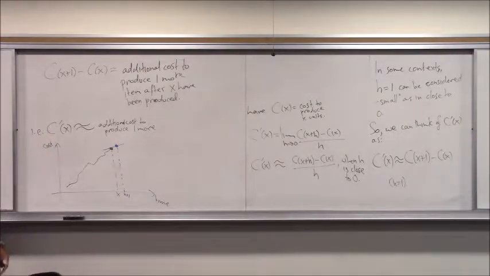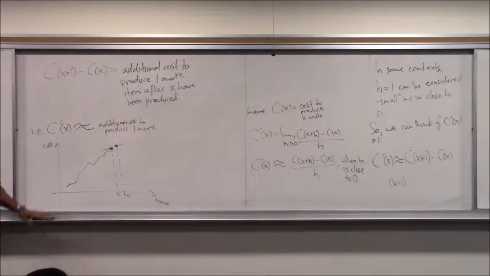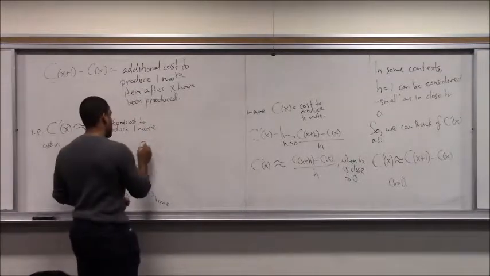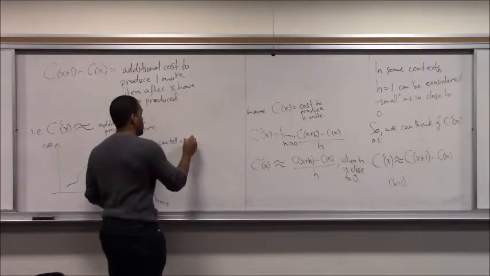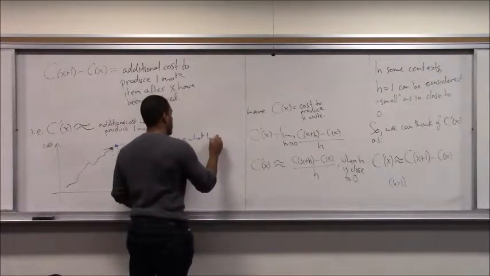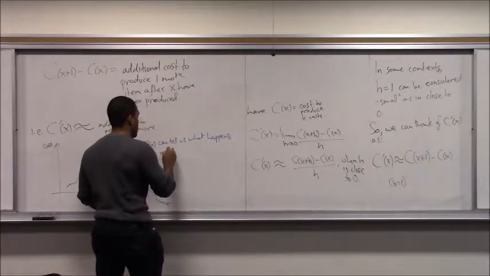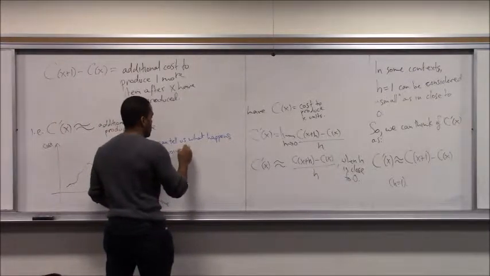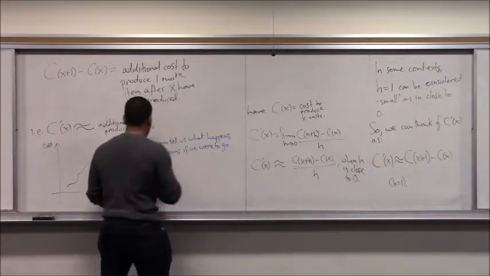And so you can use a derivative to do this, much like when we're doing linear approximation stuff. In this context, it's called marginal functions. And so C prime can tell us what happens at the margins if we were to go one step further.